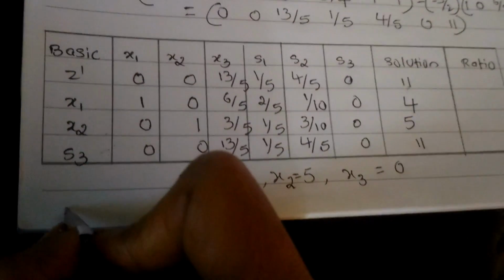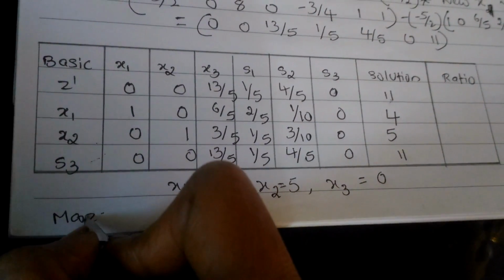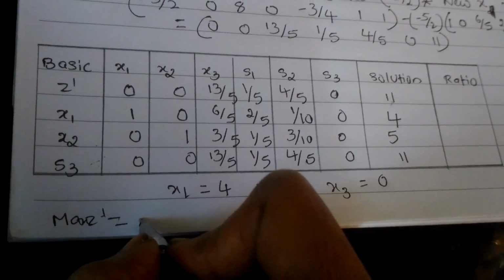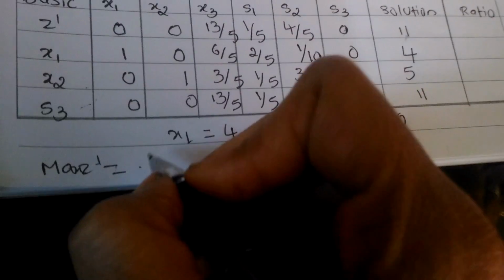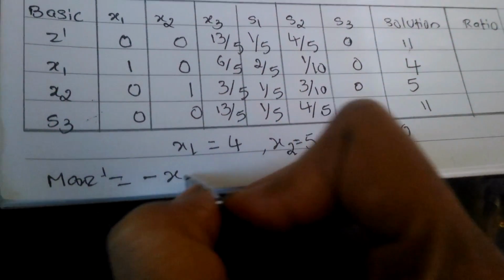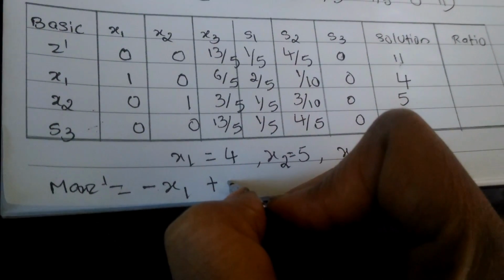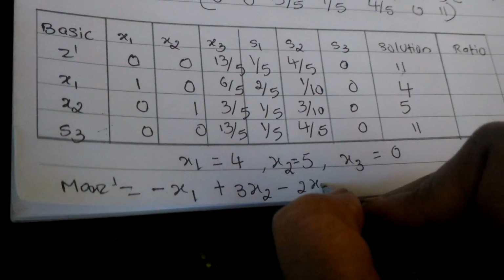Our z function was max of z complement, which is minus x1 plus 3 x2 minus 2 x3.